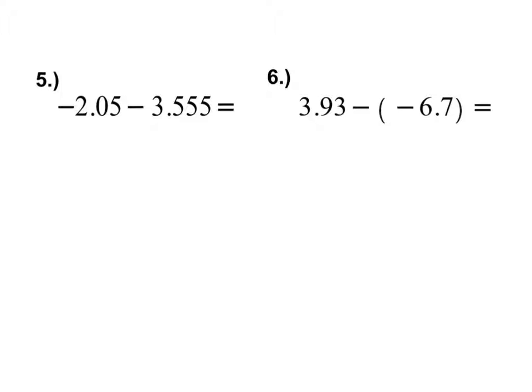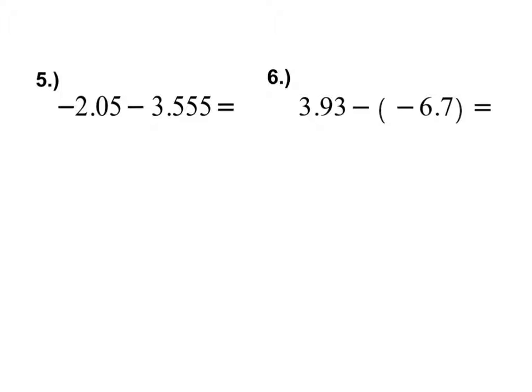Now, with these problems, when we are subtracting negatives, remember that sometimes we change that into an addition problem, and sometimes we will need to use addition to compute the number part of our answer, and then use what we know about the rules with positive and negative numbers to find the sign for our answer.